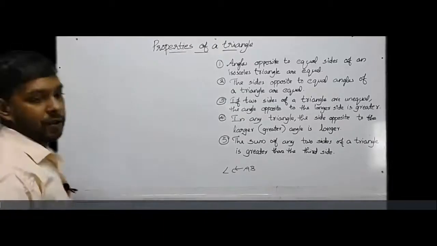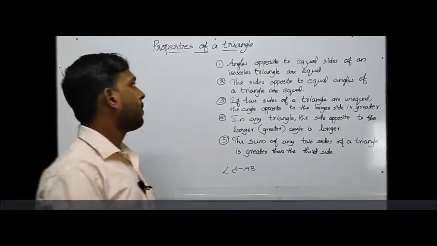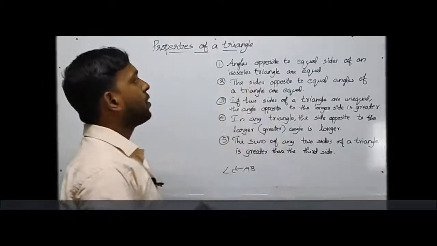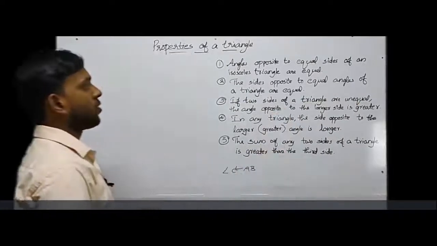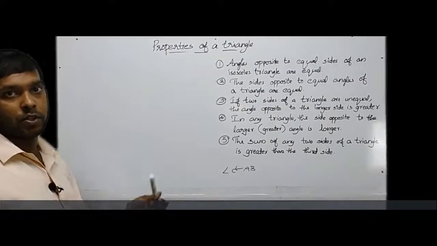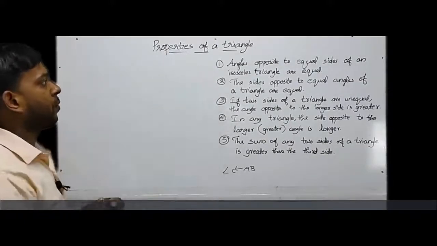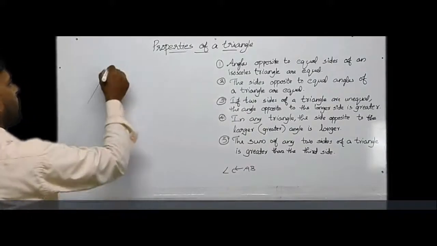Let's try to understand the second property, which says the sides opposite to equal angles of a triangle are equal. The very second property is just the converse, or the opposite, of the first property. To understand better, let us again draw a triangle here.